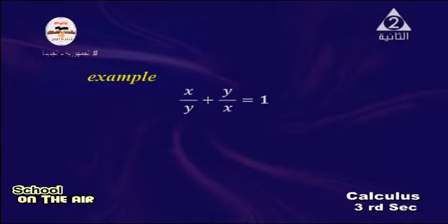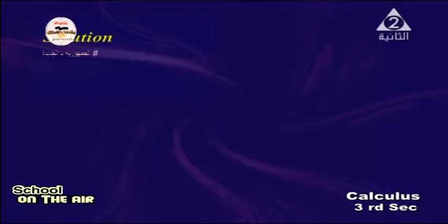Another example. If x/y + y/x = 1, find dy/dx. Now we have x/y + y/x = 1, an implicit relation between the two variables x and y.